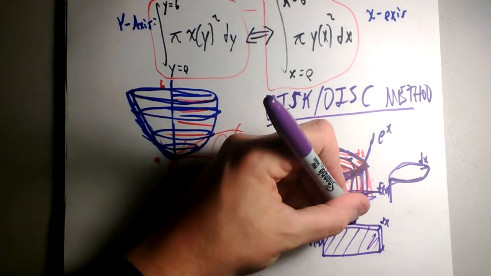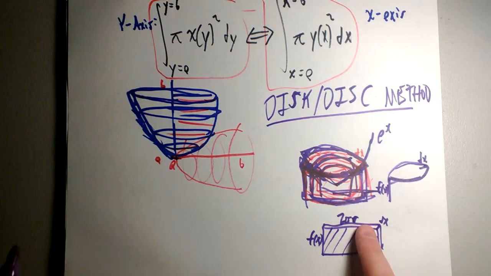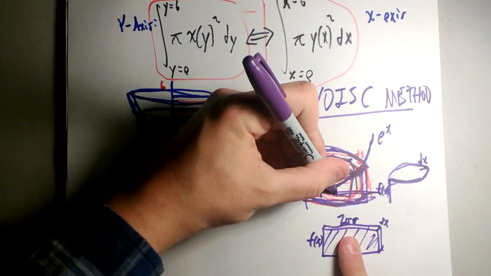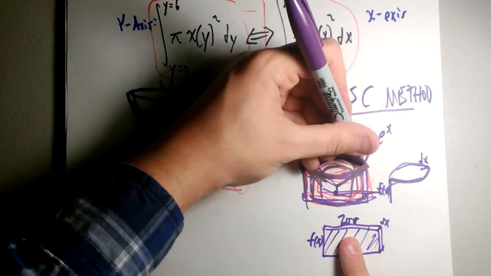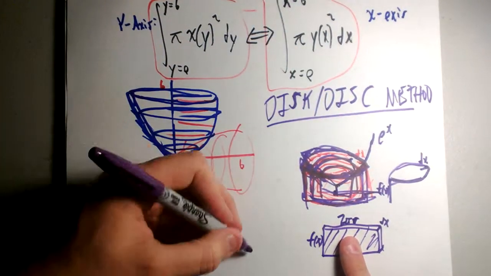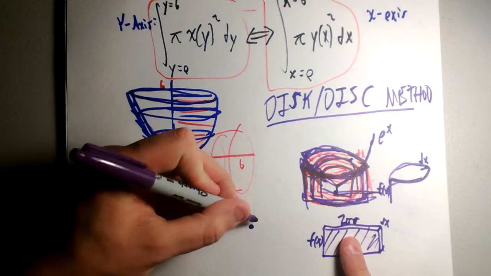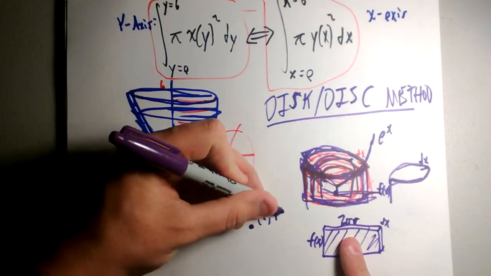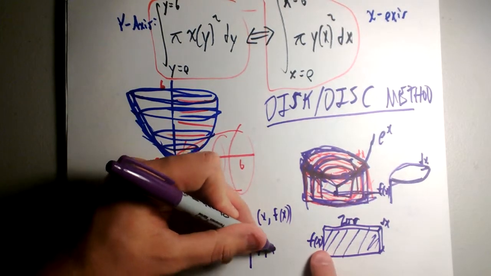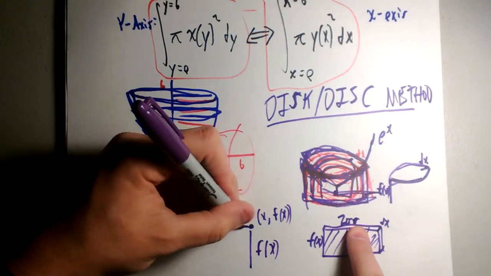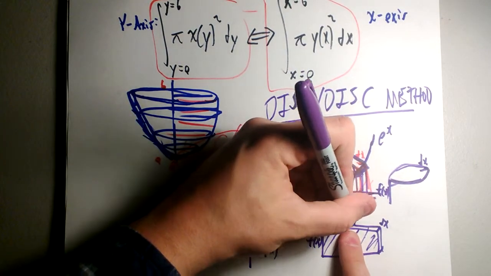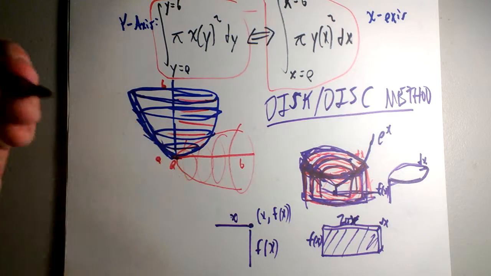So how do we go about it? Well, before we continue, what is r in this case? Remember that the center is 0. R, depending on what shell you're on, is just the x value to get to that shell. So if you take a point here on the x-axis, it's going to be your x comma f of x point. And so your height here is f of x, and then our radius is x. So it's no longer r here, it is x, 2 pi x.